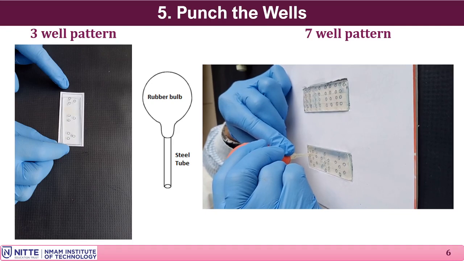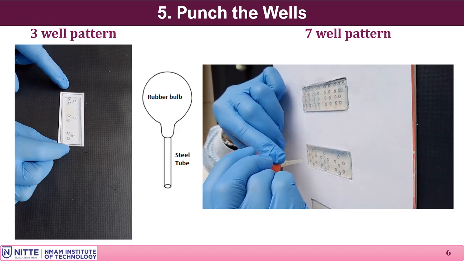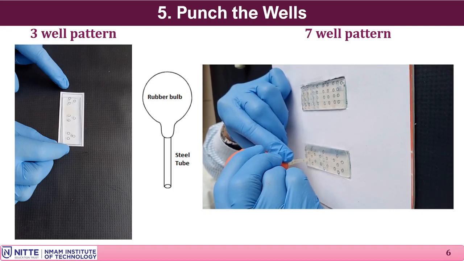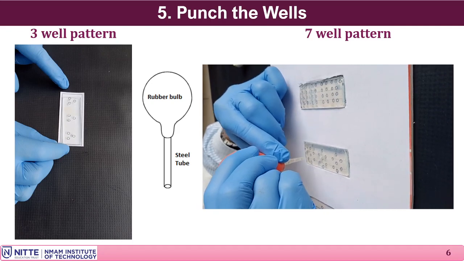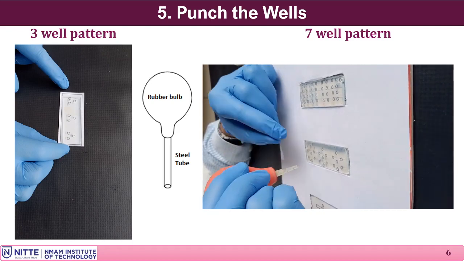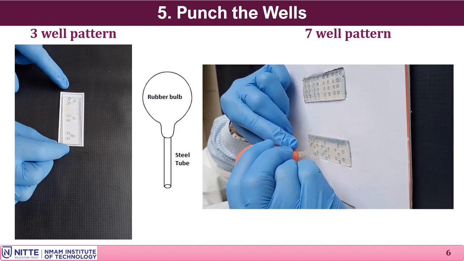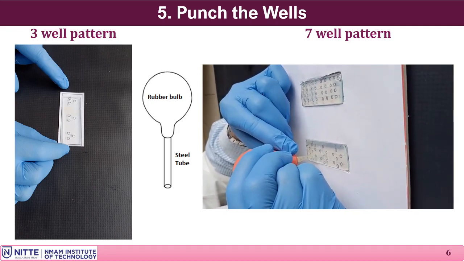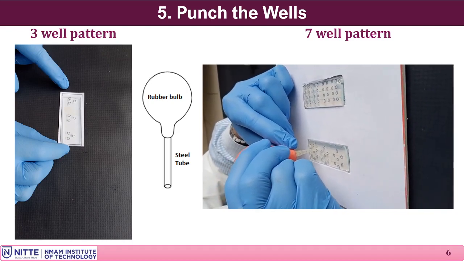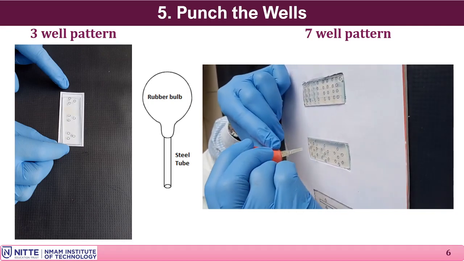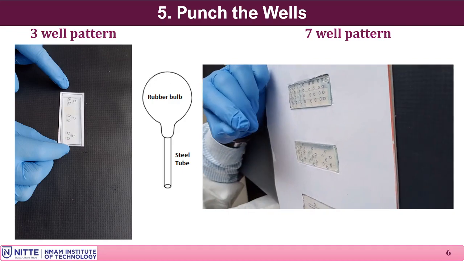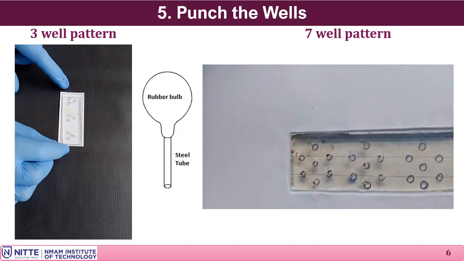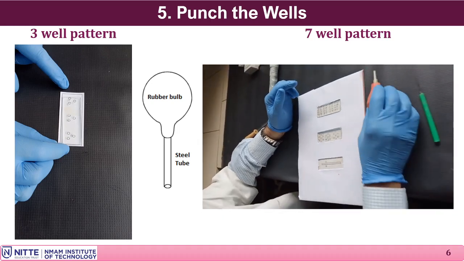So, 5-well pattern will help in analyzing 4 antigens against 1 antibody well in the center. 7-well pattern will help in identifying 6 antigen samples against 1 central antibody well. So same way, after punching the agarose, by gently pressing the tip of the punch onto the agarose, you can suck off the agarose. It will create the wells of about 3 millimeter diameter.